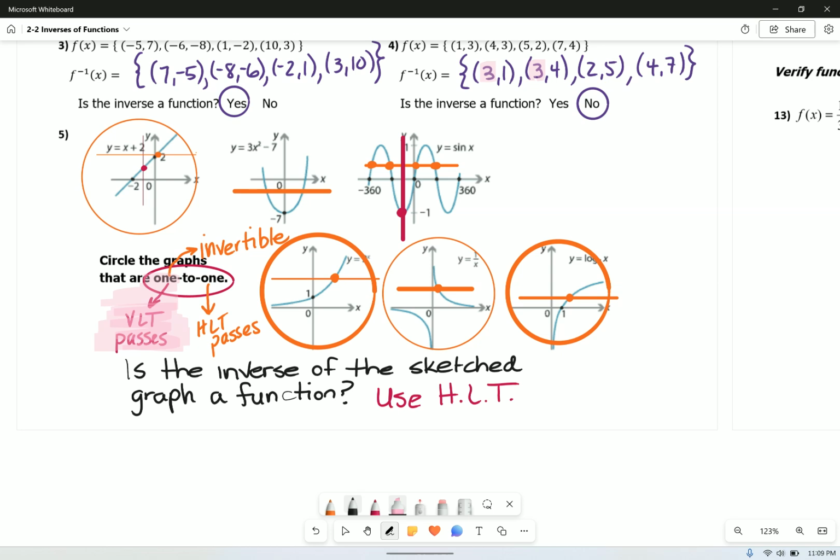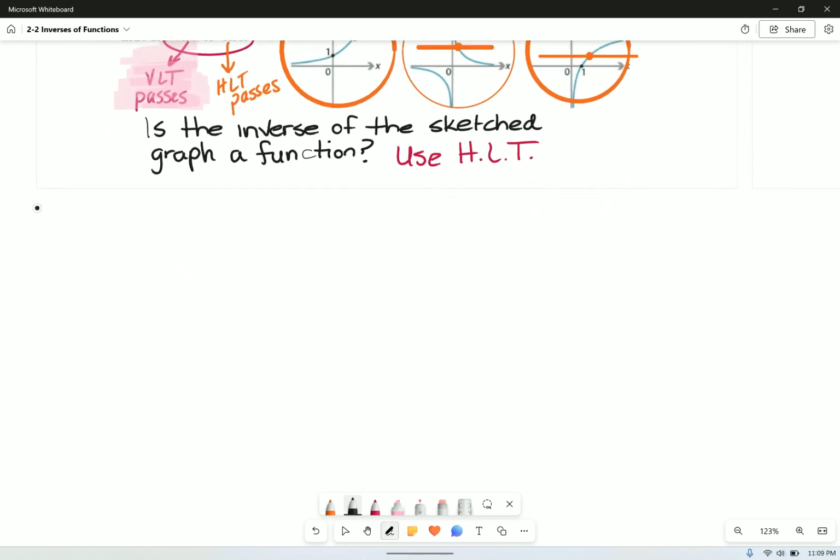So an example of that would look like this. Let me just draw a graph down here. Let's say here's the y-axis and the x-axis, and I gave you a function that looks like this, something like that. And you go and test the vertical line test. So here's your vertical line test, VLT, and it touches more than once.